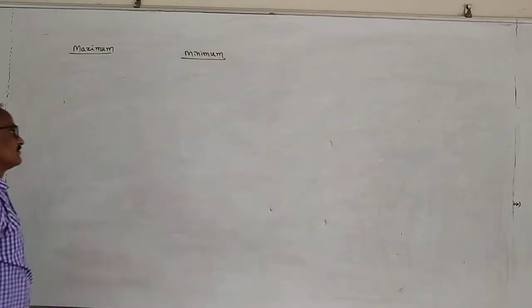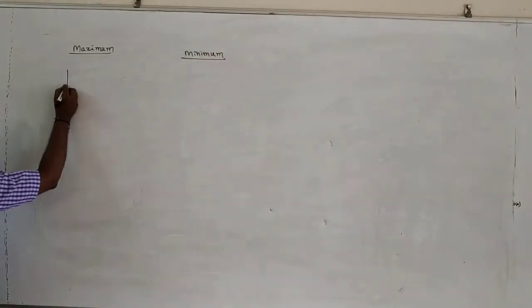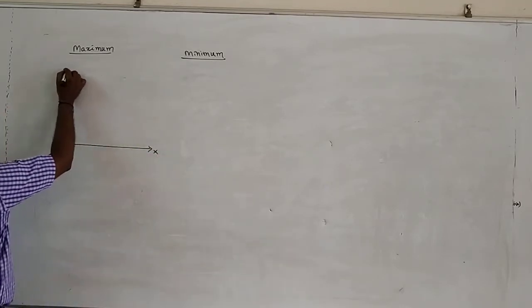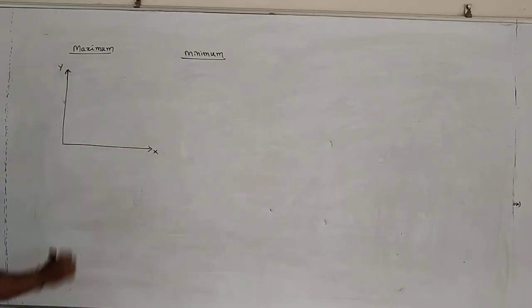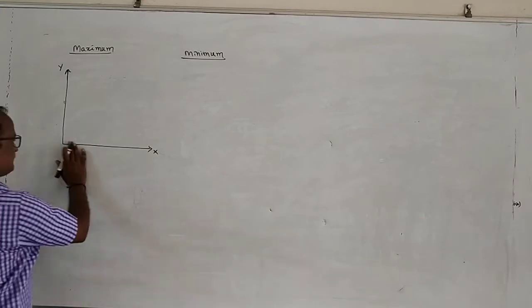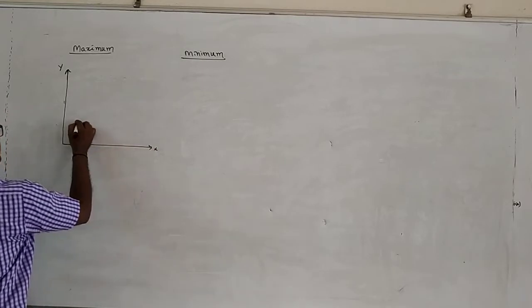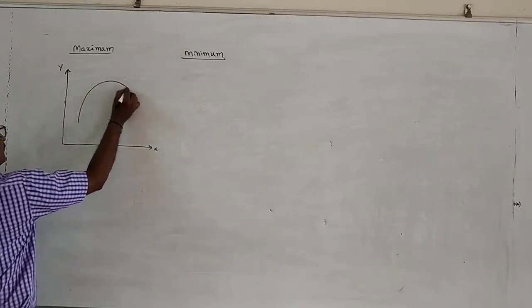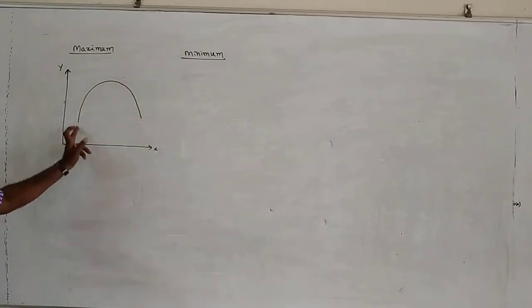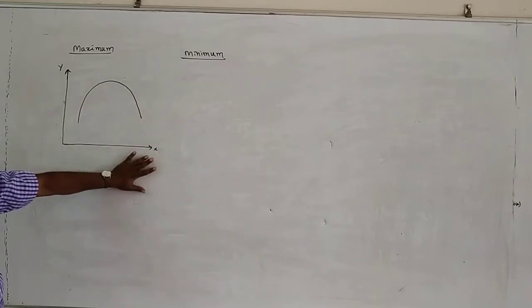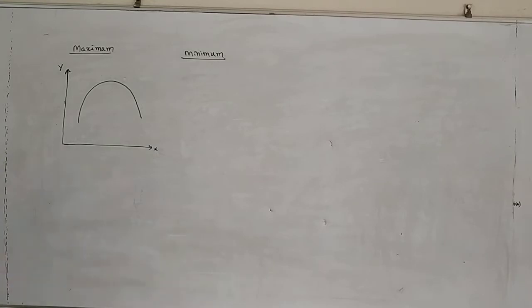Here this is a graph between x and y, and y varies with respect to x as like this. This curve indicates how the value of y changes with respect to x. It becomes a parabola.